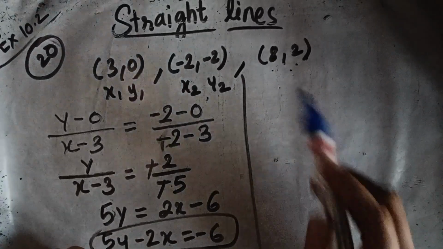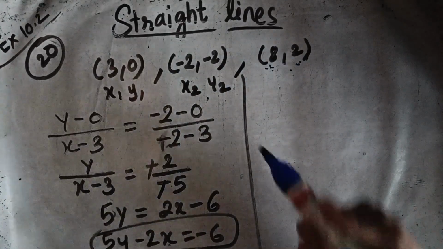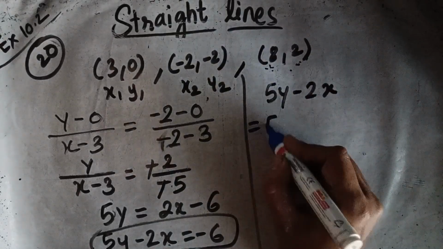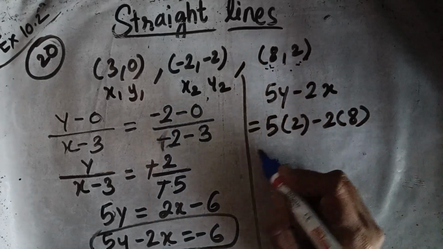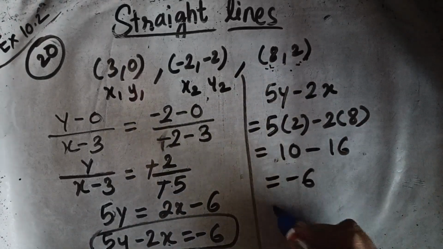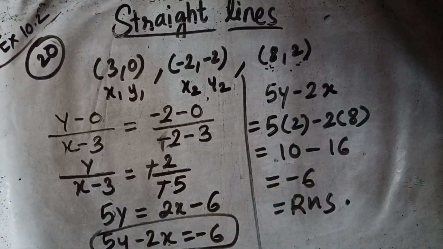Now you have to put this third point in this equation and see if the right hand side is right or not. So we are getting this right hand side. Okay. So all 3 points are collinear because this line is passing through this point also. Okay.